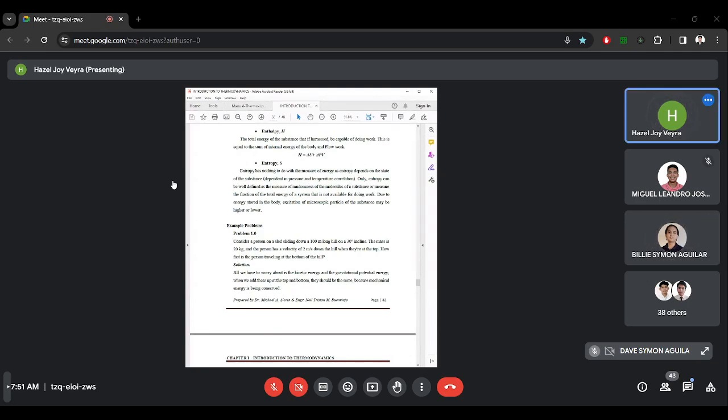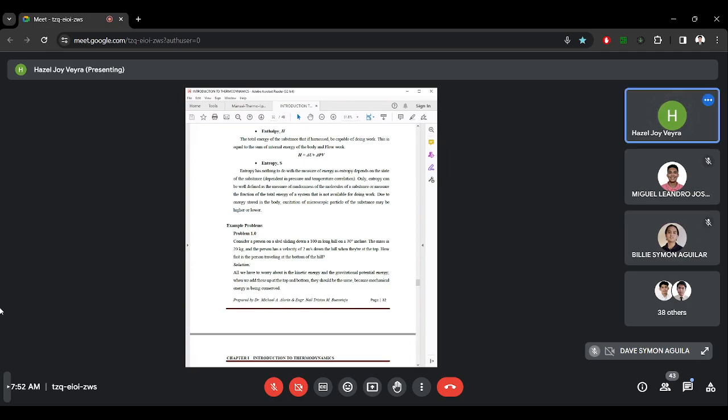Audible po ba? Yep. Please read your enthalpy. The total energy of the substance that it harness be capable of doing work. This is equal to the sum of internal energy of the body and flow work, which is H is equals to delta U plus delta PV.